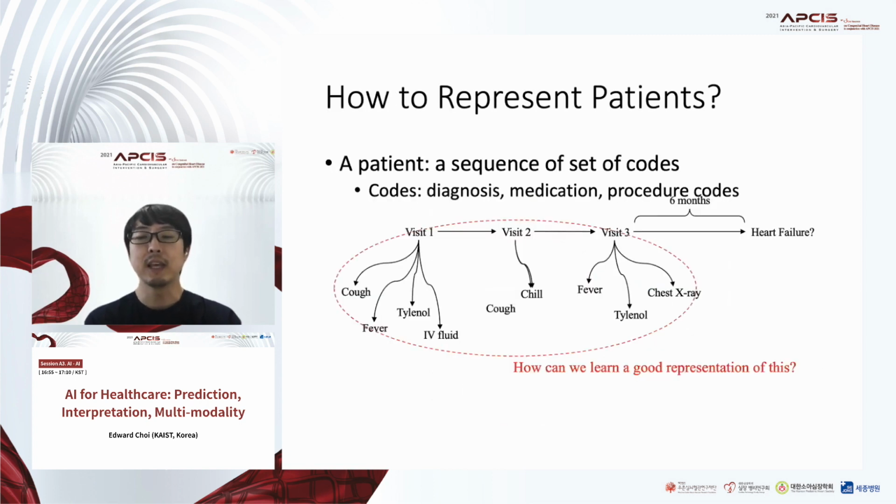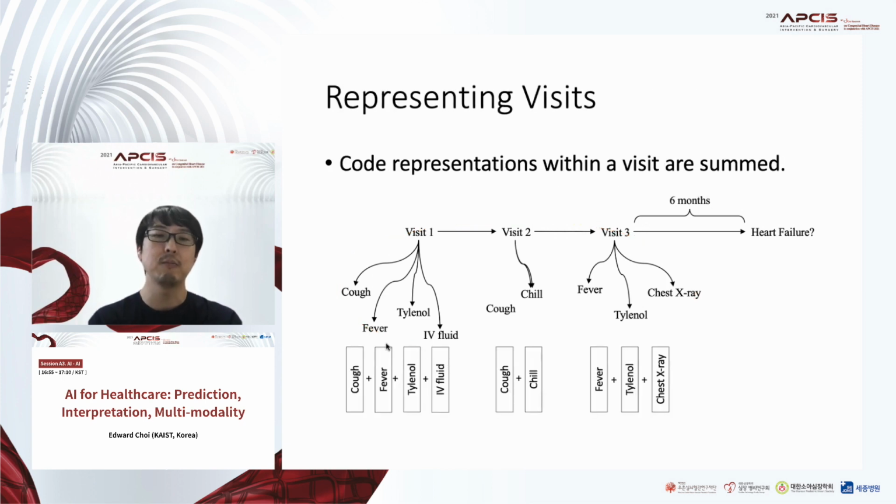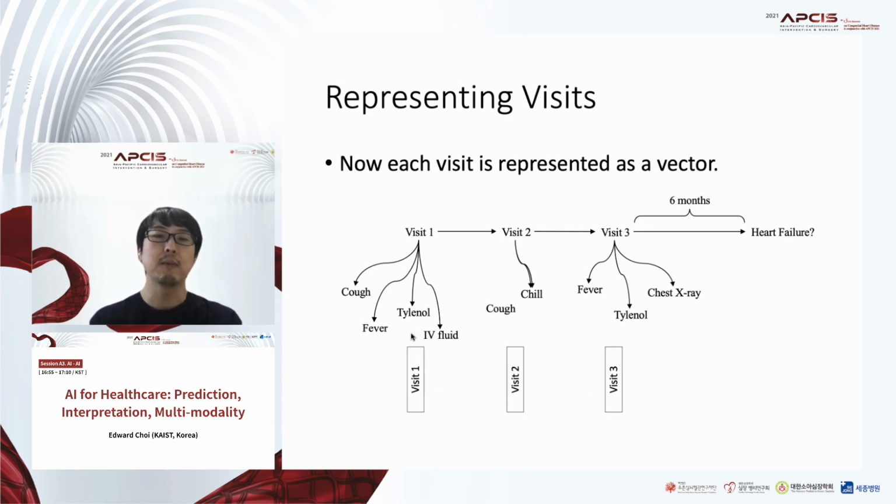So given that everything can be represented as a vector, given this record, you simply turn everything into a vector. Cough, fever, and so on, obviously these codes can all be represented as vectors, and since they all happen within the same encounter, you can sum them up to make a visit representation.